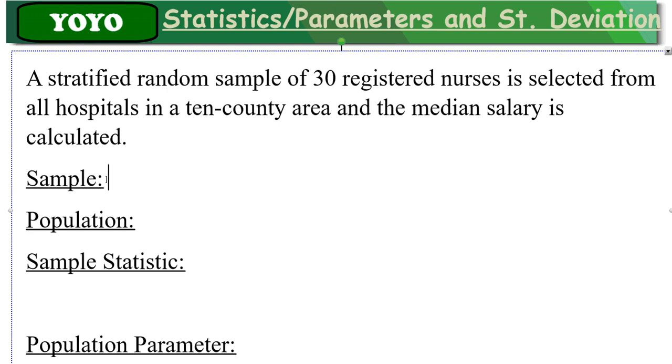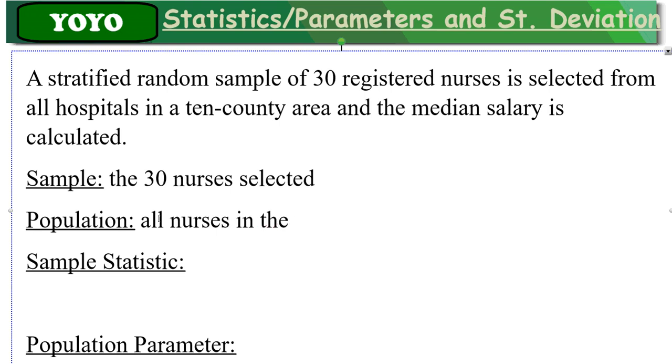Okay, so the sample would be the 30 nurses that were selected for the study. The population would be all nurses in the 10-county area, because only those in the 10 counties could have been selected. It doesn't say nationwide, it's only the nurses in that 10-county area that we're interested in studying.